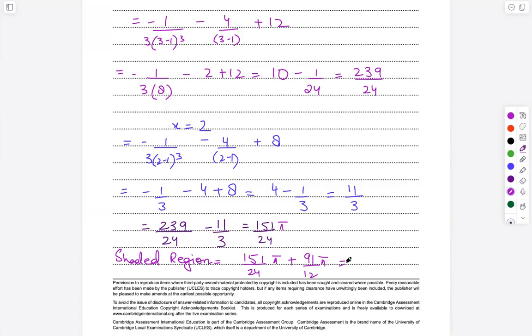Substituting this in the calculator, we have 151 over 24, and we'll add it to 91 over 12. So the final answer will become 111 over 8 pi. So that is 111 over 8 pi as the volume of the shaded region.